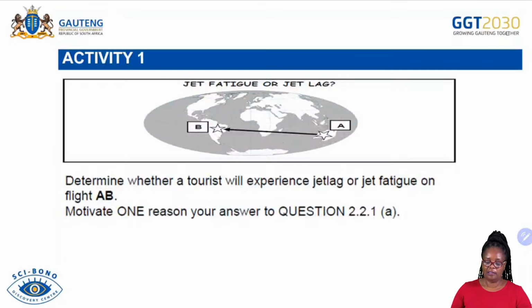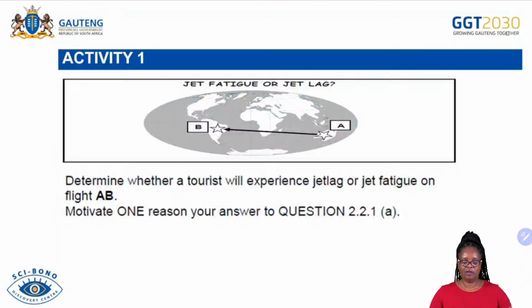Let's recap what we have just learned. Look at the picture. It says jet fatigue or jet lag. Determine whether the tourist will experience jet lag or jet fatigue on flight AB.